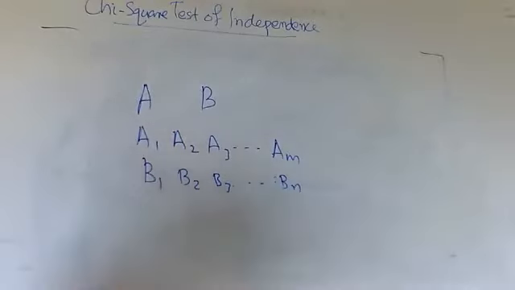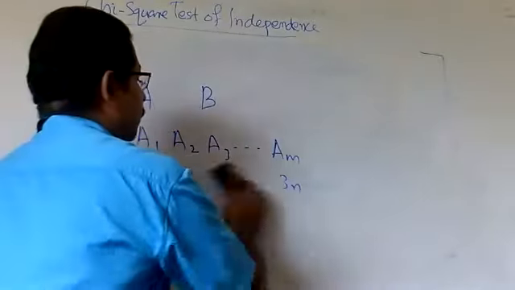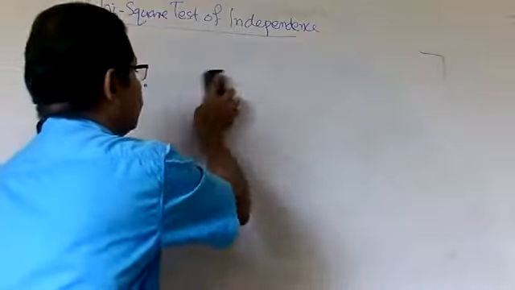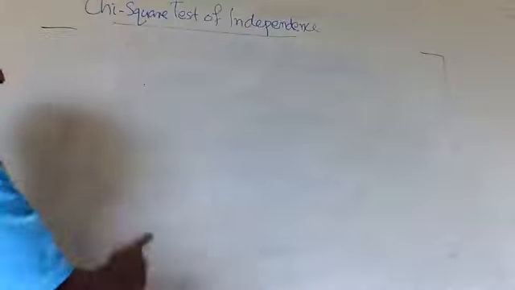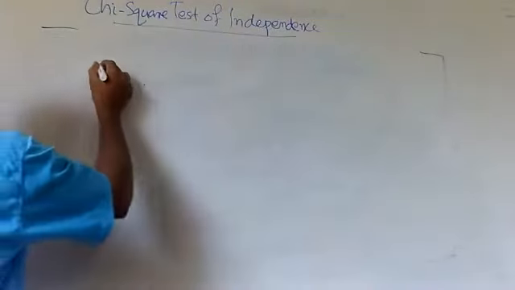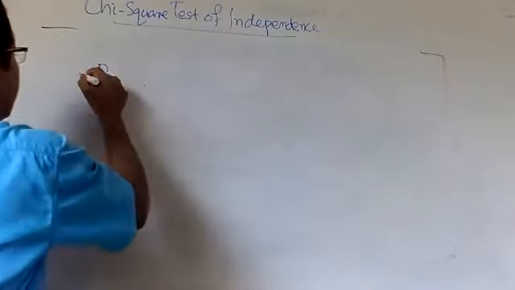We can represent these attributes in a matrix form. Suppose I take B as columns and A as rows.